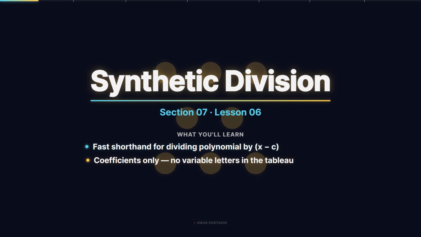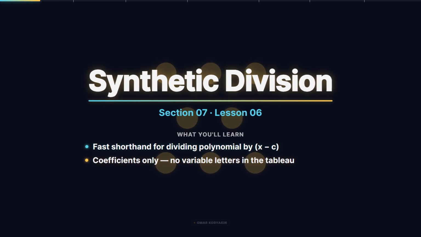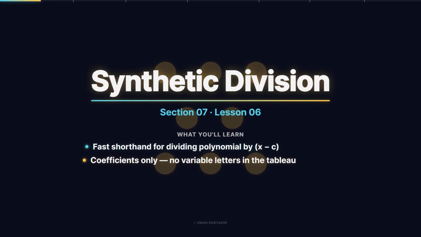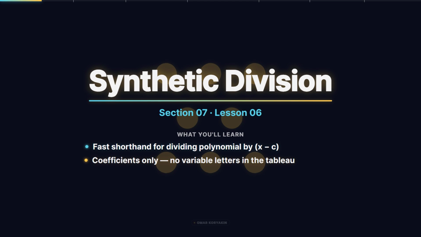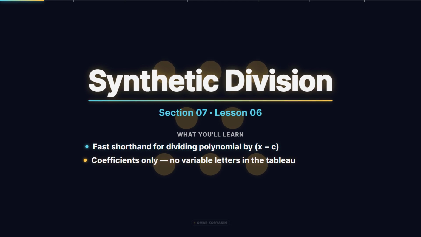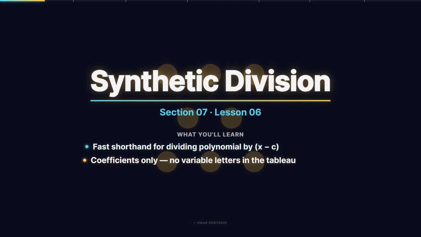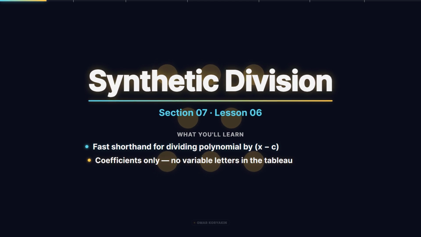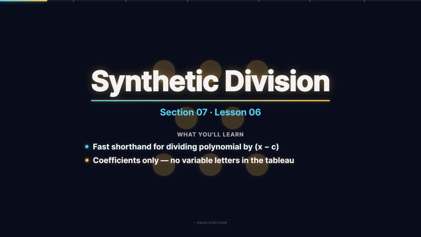Second idea, the synthetic division algorithm itself. Step 1, bring down the first coefficient of the dividend into the bottom row, unchanged. Step 2, multiply the bottom row entry by c and write the product in the middle row under the next coefficient. Step 3, add the column entries, the top coefficient plus the middle product, and write the sum in the bottom row.